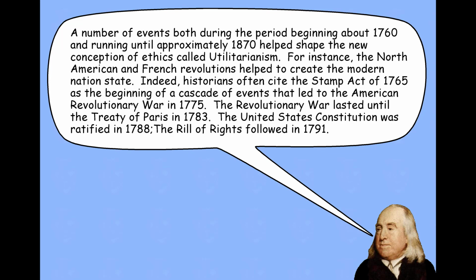For instance, the North American and French revolutions helped to create the modern nation state, with its emphasis on participatory democracy, individual rights, and rule of law. In fact, historians will often cite the Stamp Act of 1765 as the beginning of a cascade of events that ultimately led to the American Revolutionary War in 1775.